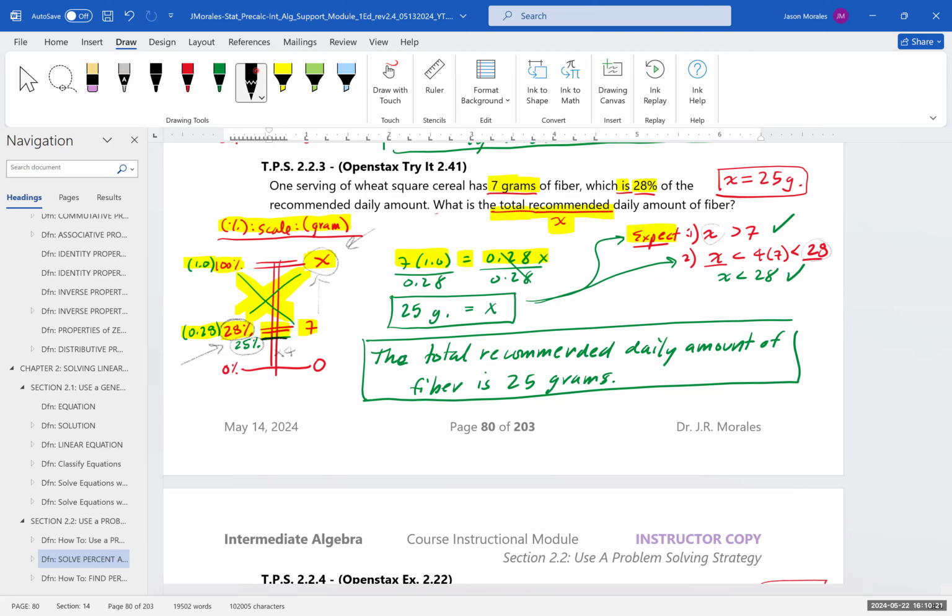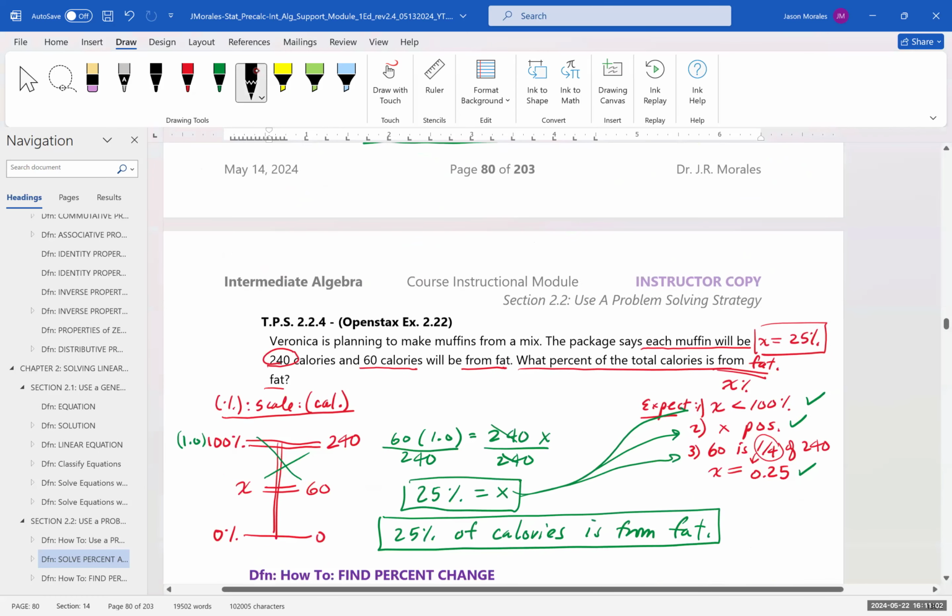Because 28% is a little bit more than 25, I would expect our value of x to be less than 4 times 7, so less than 28. When we see if our value of x equals 25 grams makes sense, number one, it's greater than 7, and number two, 25 is less than 28. So our answer looks good. The total recommended daily amount of fiber is 25 grams.